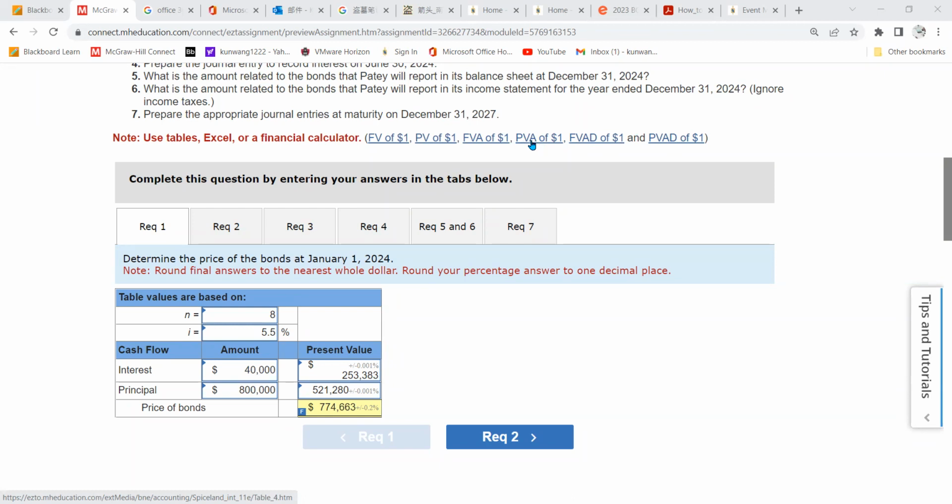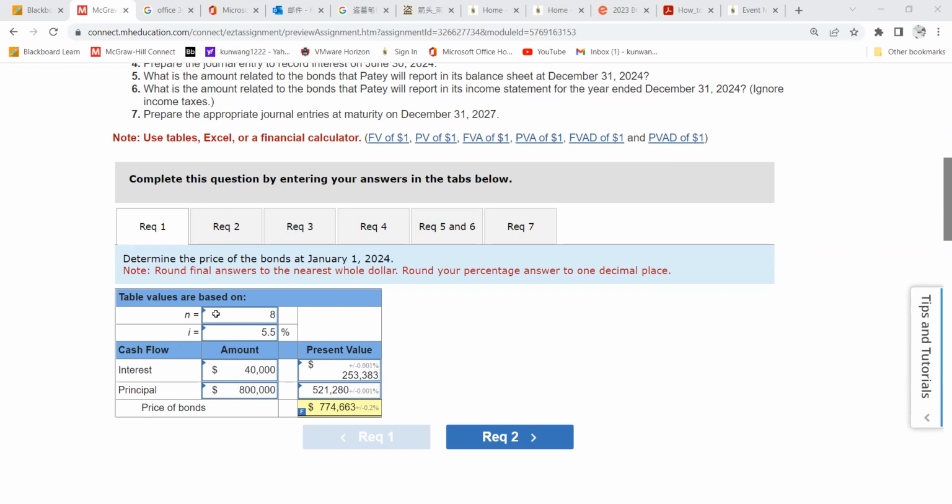They didn't use PVOA for ordinary annuity, but PVA. But PVAD, the last two, the AD means annuity due, where with the annuity series you have the cash at the beginning of each period. So it's annuity due, but we have ordinary.